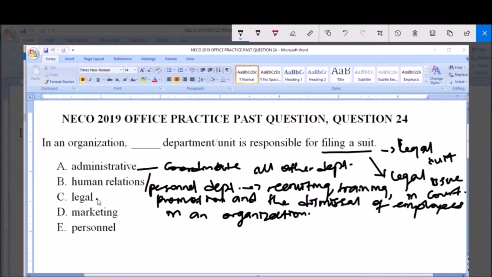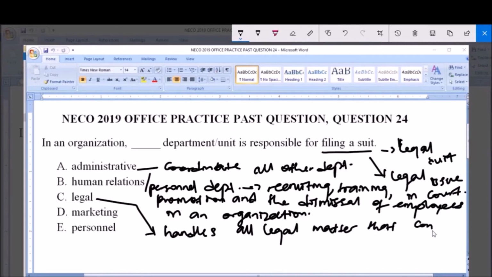Now C here says the legal department. This is the department that handles all legal matters that concern the organization.